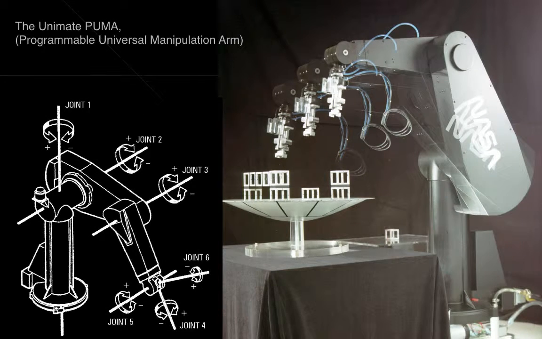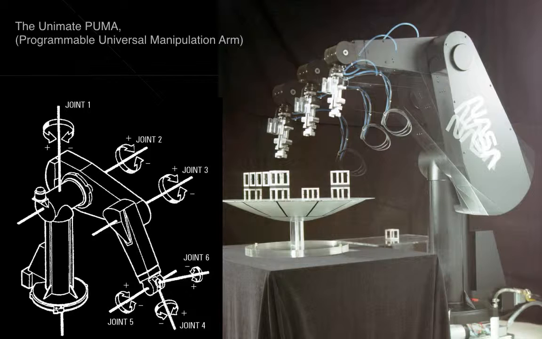Here's another example of an early robot. Unimate, also the same kind of company from the late 50s, I think, and it was a programmable, sort of universal manipulation arm where the five degrees of freedom of motion were first put forward.